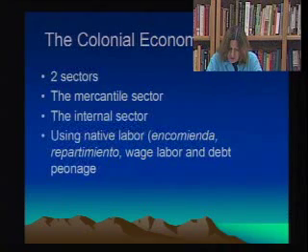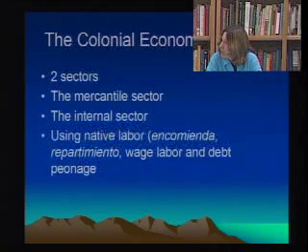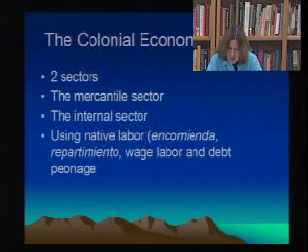Precious metals, primarily silver, sugar, dyes, leather, chocolate, and wood. These were the main products that were flowing through and around the mercantile sector of the economy. Again, precious metals, sugar, dyes, leather, chocolate, and wood.